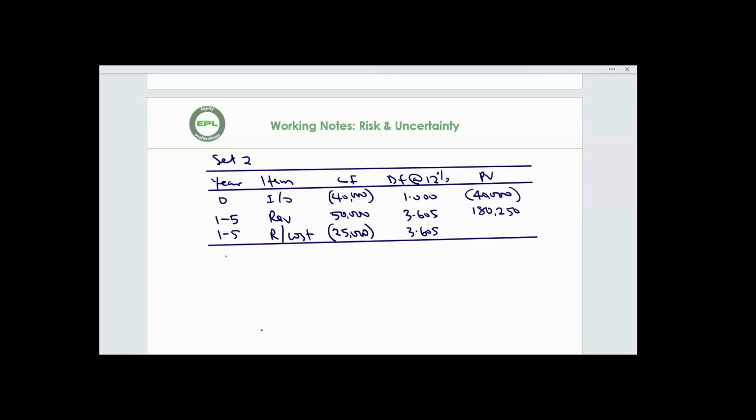Then 25,000 multiplied by 3.605 is 90,125. So the final answer, 50,125, is the NPV for set 2.